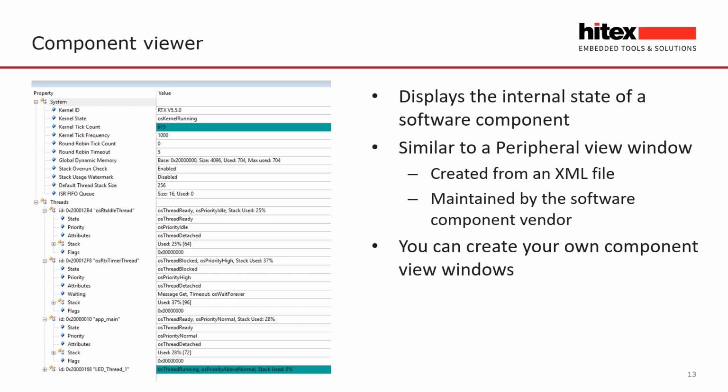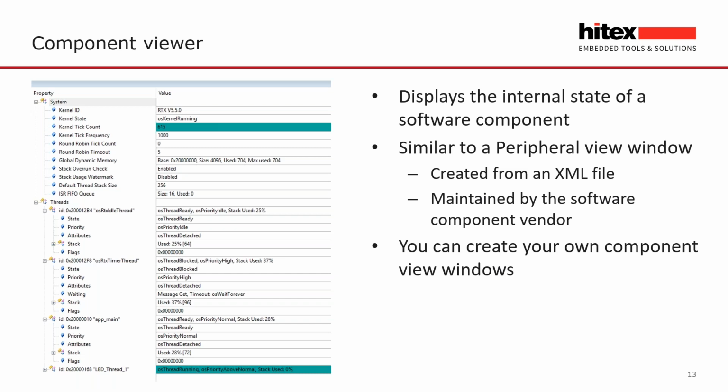We can see into the state of all the running threads, into their task control blocks to see exactly what state those threads are in, and any other objects within the operating system. Within the Keil tools these are available for the RTX operating system, but also all of the Keil middleware as well. And they're very useful to see exactly how the software is executing.